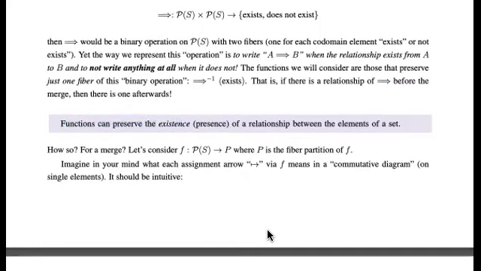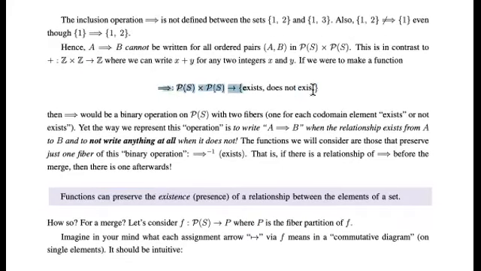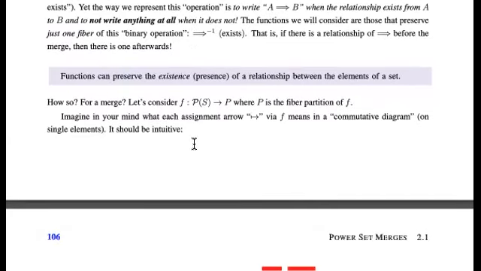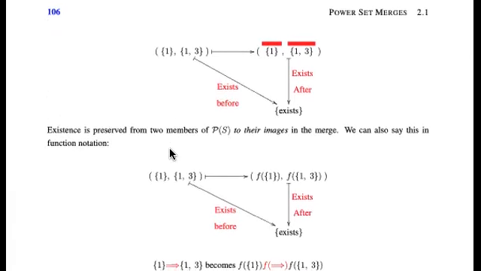Okay, so we're only going to be focusing on one fiber of this, if we thought of this as a binary operation, but just one fiber being transferred, and that's the existence one. We don't really concern ourselves with the other one being transferred. Let's take a look at an example.